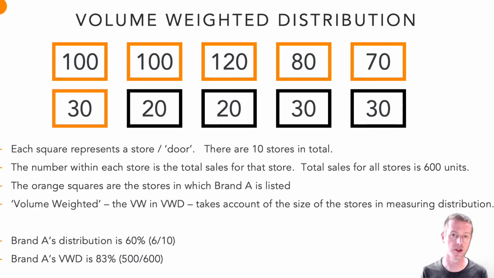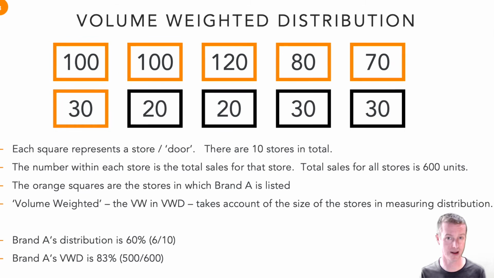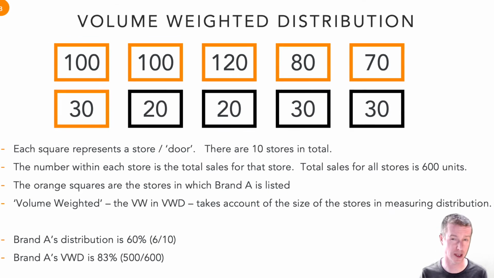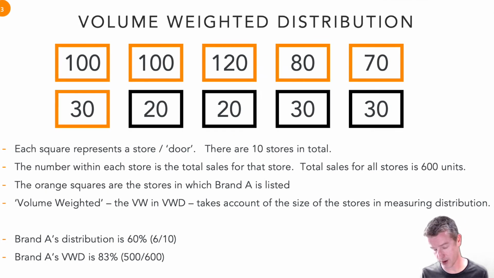However, the orange box represents which of the stores Brand A has a listing in, which of the stores that Brand A is being sold in. And the black box, Brand A has no listing in.